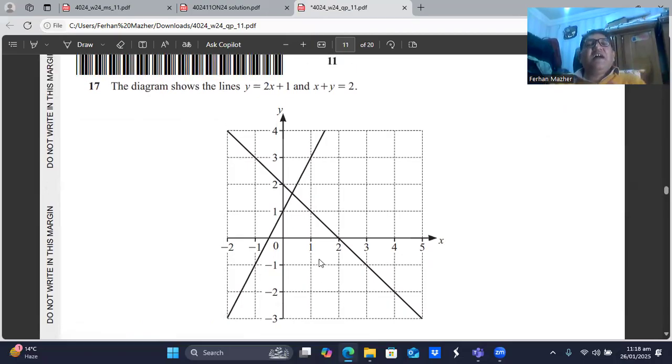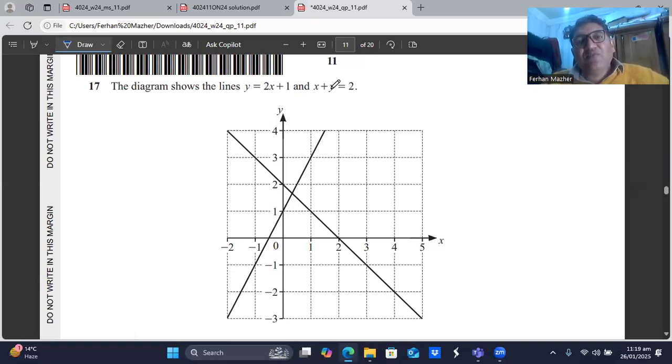He says, the diagram shows the lines y equals 2x plus 1 and x plus y equals 2. The first line has a y-intercept of 1 and a gradient of +2, so it is going upward and cutting the y-axis at 1. This is the graph of that line.